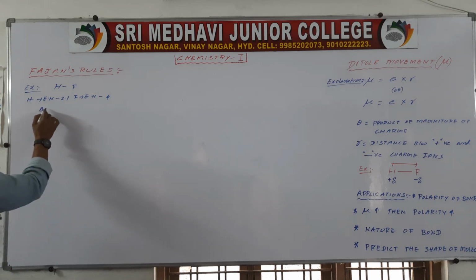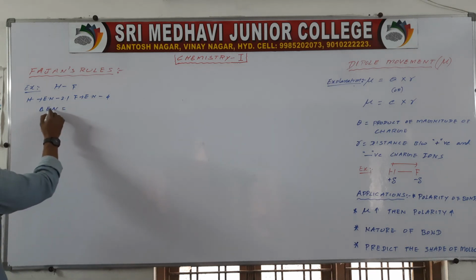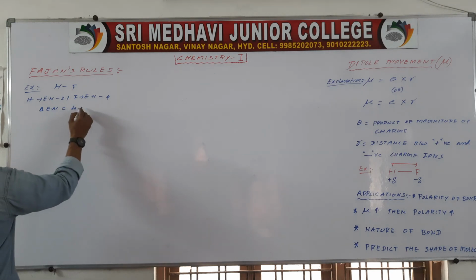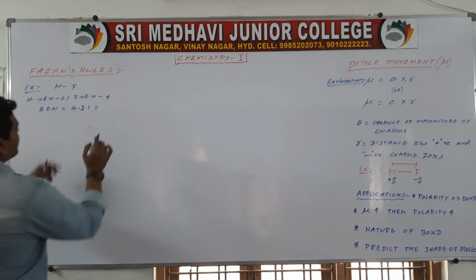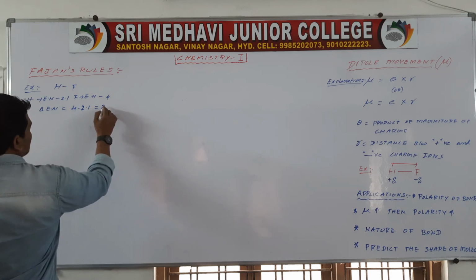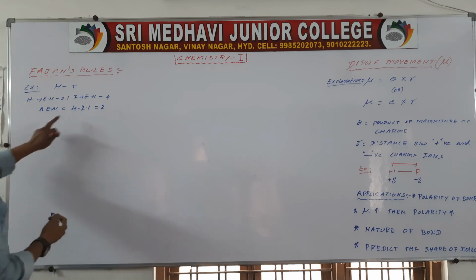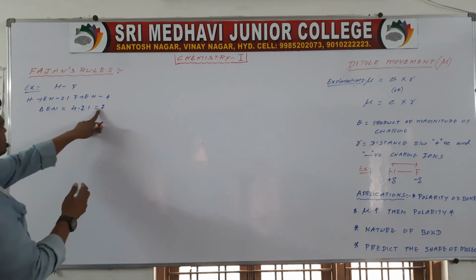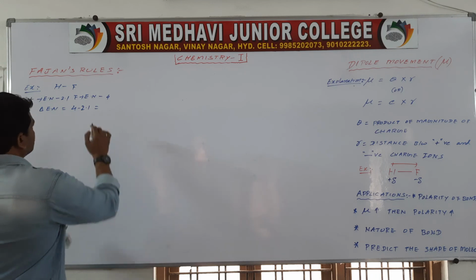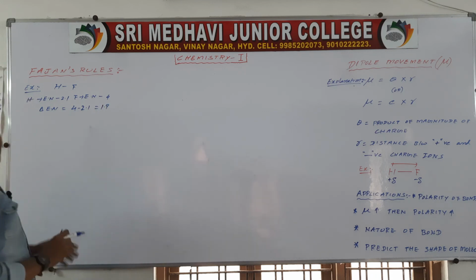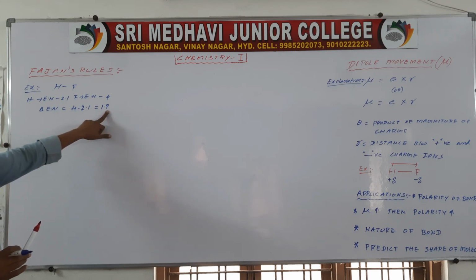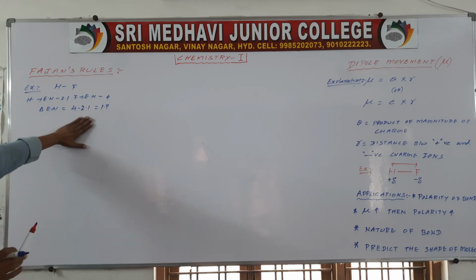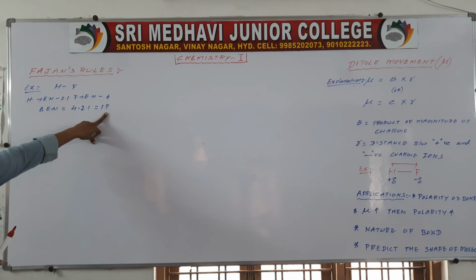So delta EN is equal to 4 minus 2.1, which is 1.9. So the electronegativity difference is 1.9.